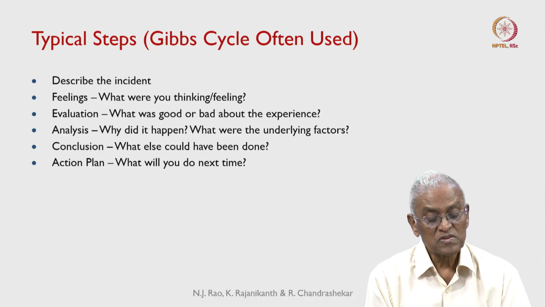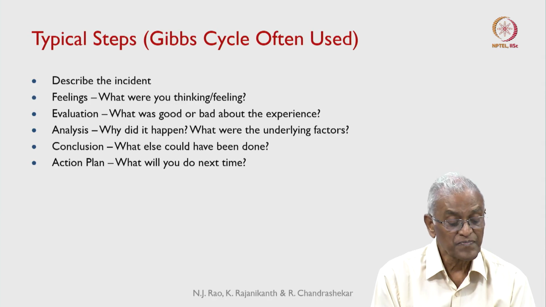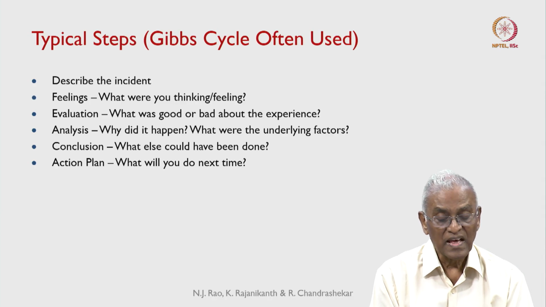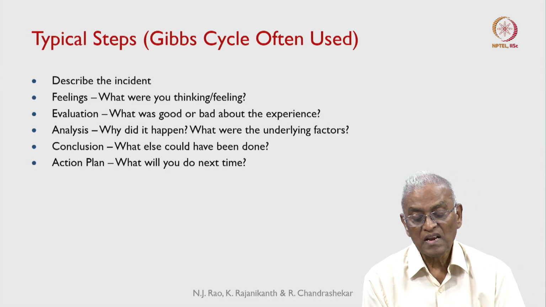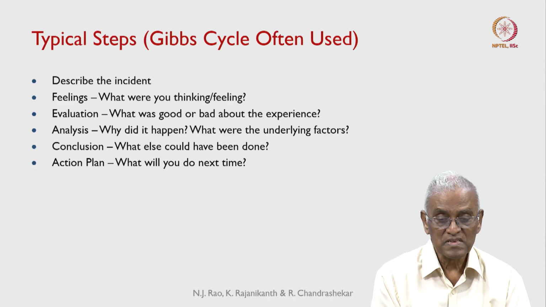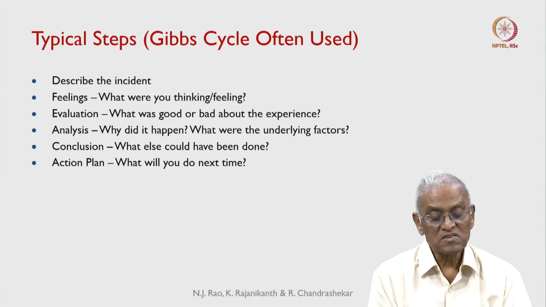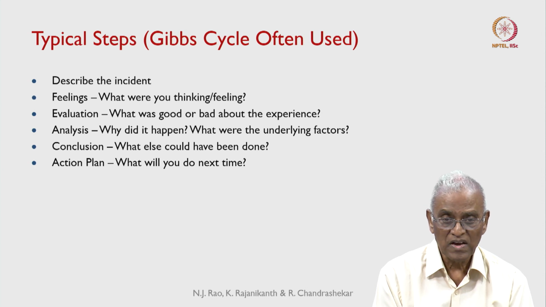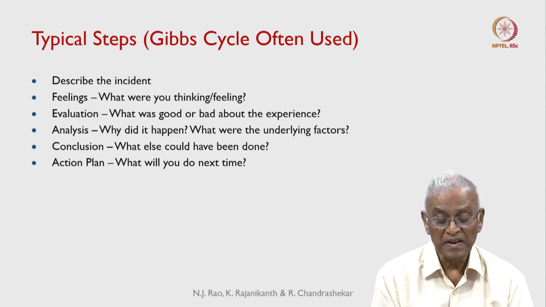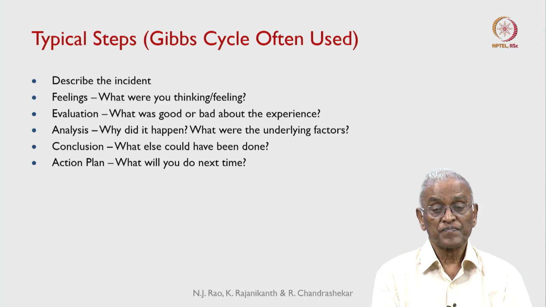Evaluate what was good or bad about the experience, and then analyze why it happened, what were the underlying factors. Then conclude what else could have been done. If these are things that shouldn't have happened, what else can be done? And then action plan, what will you do next time?